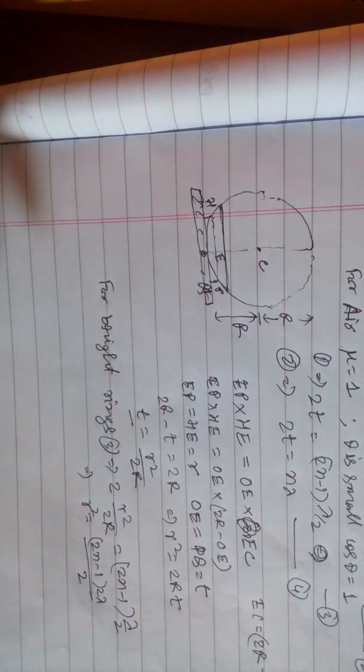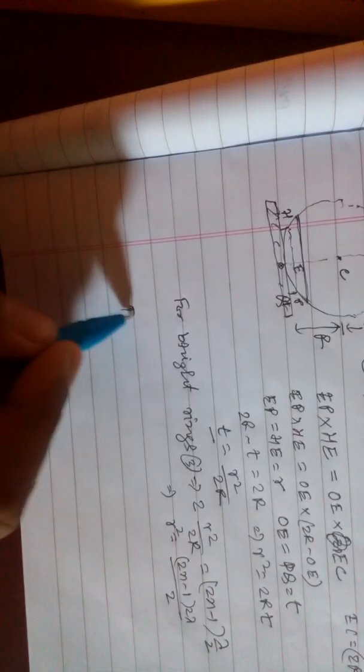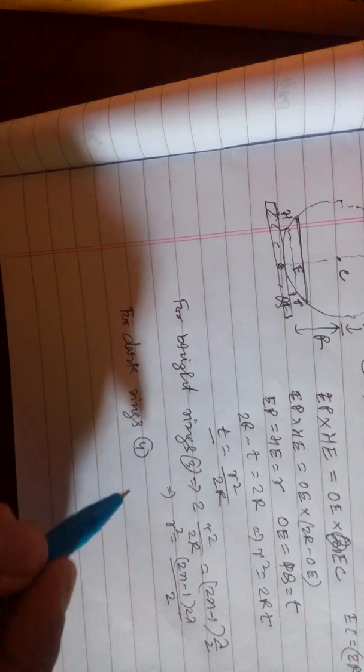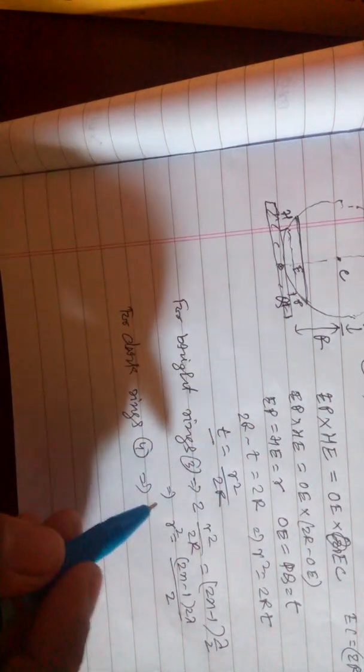Again for dark rings, from equation 4 we can put this 2 here.